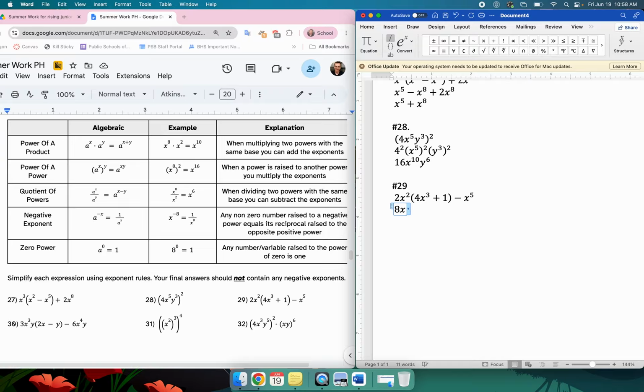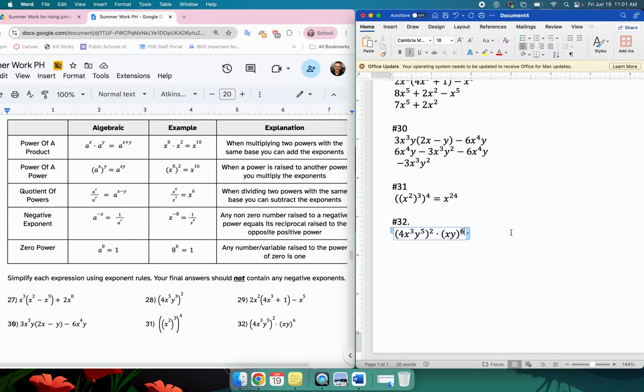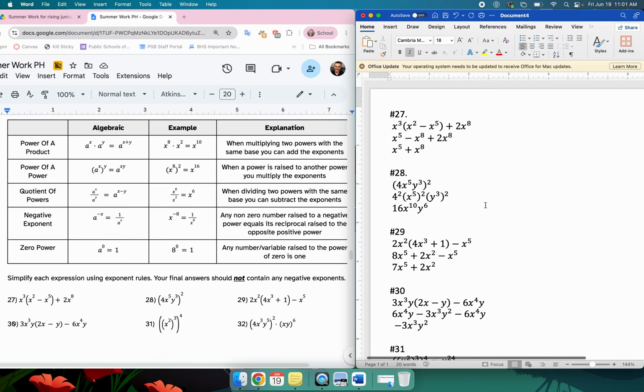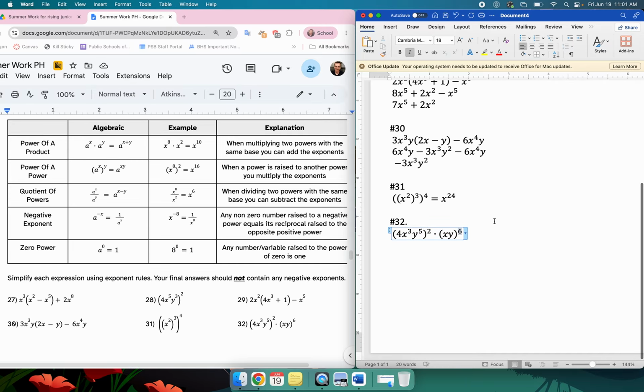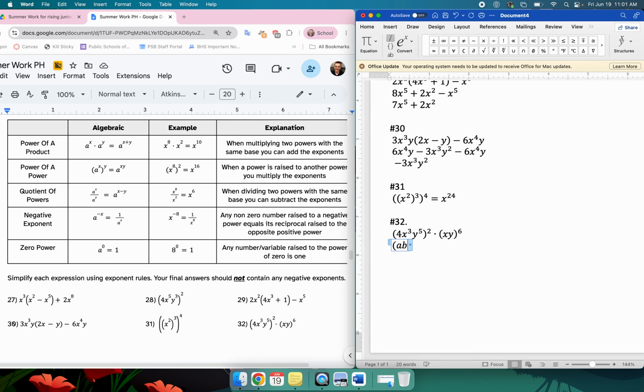Number 32, we have the expression 4x cubed y to the 5th, quantity squared, times xy to the 6th. I would start by distributing this exponent and this exponent. It's not an exponent rule which appears here, but I mentioned it earlier: if you have a times b raised to the c, that's a to the c, b to the c.